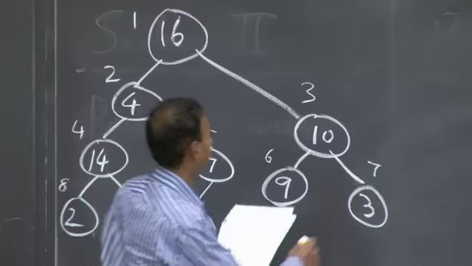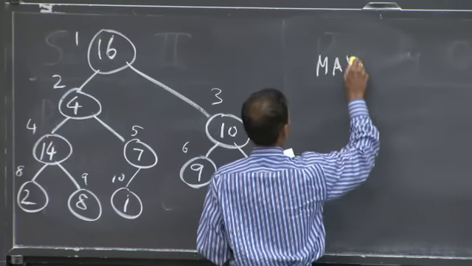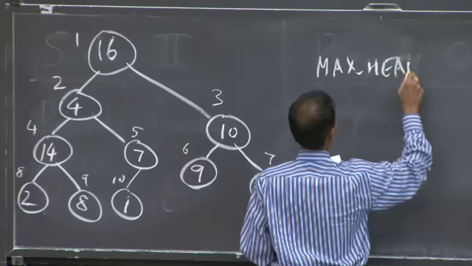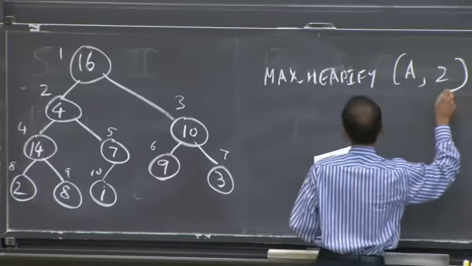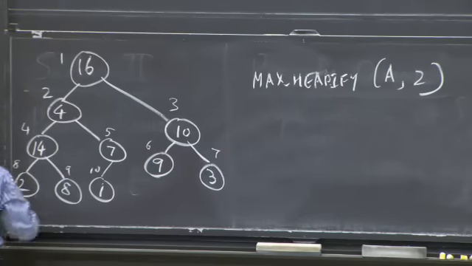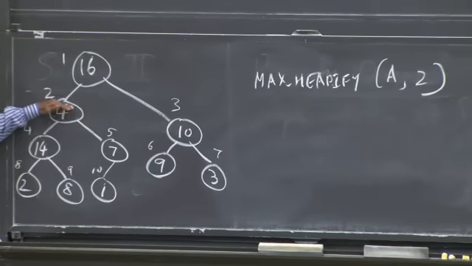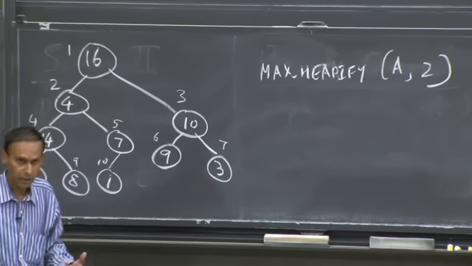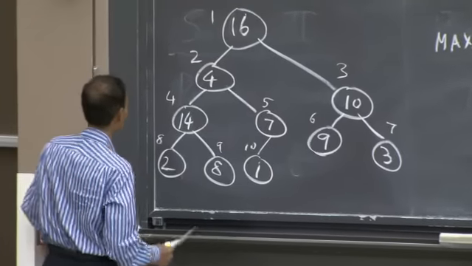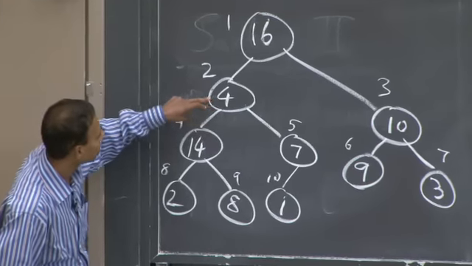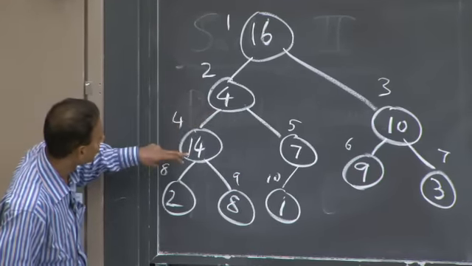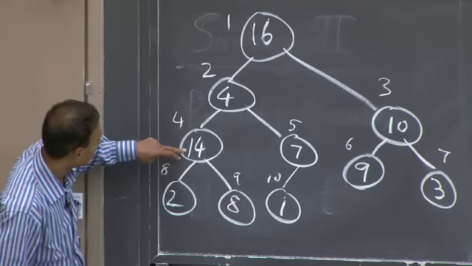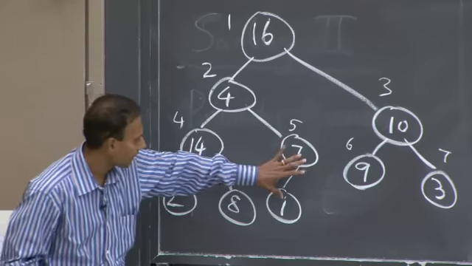And so if you look at the call Max-heapify A, 2, this is index 2, and all you have to do is look at this subtree. What you need to be satisfied in order to run Max-heapify is that the subtrees of node index 2, which is this 4 node, are max heaps. And if you go look below, you see that this is a max heap and that's a max heap.